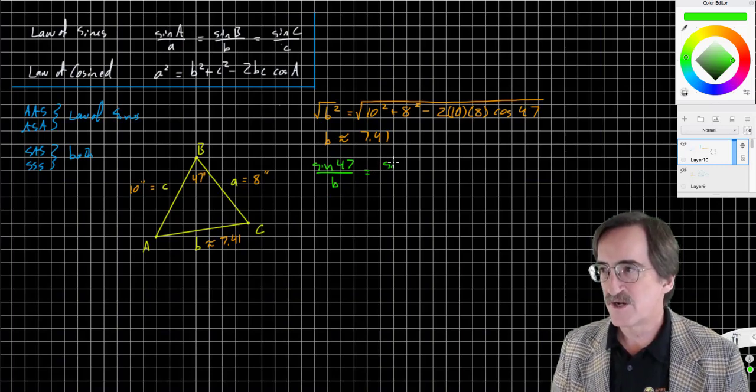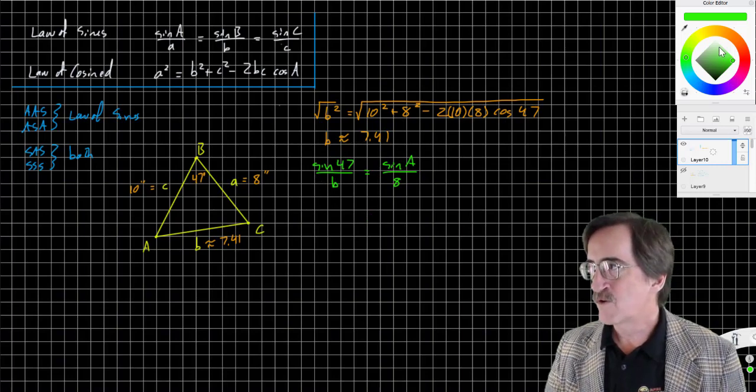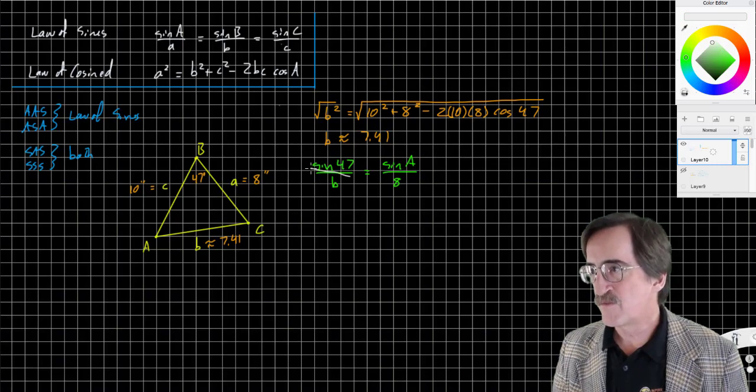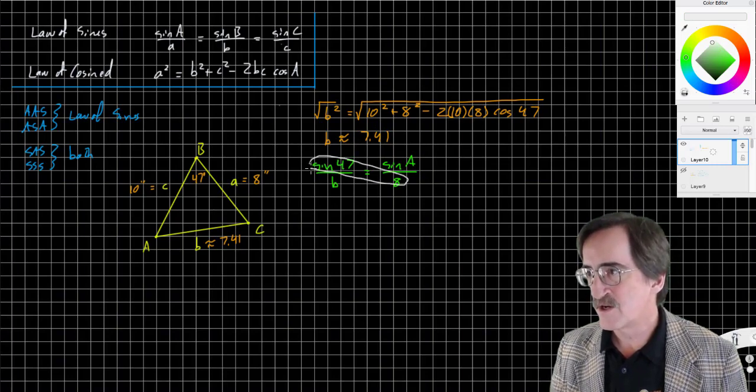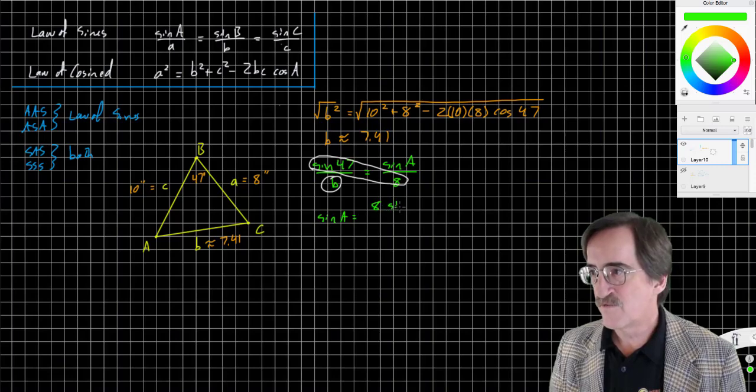I'm going to say sine A over little a, okay? And remember the variable b has already been discovered, so I'm going to use it, leave it there. But I'm going to solve the proportion by multiplying the diagonal that A is not on and dividing by b, okay? So sine A equals 8 times the sine of 47 divided by b.